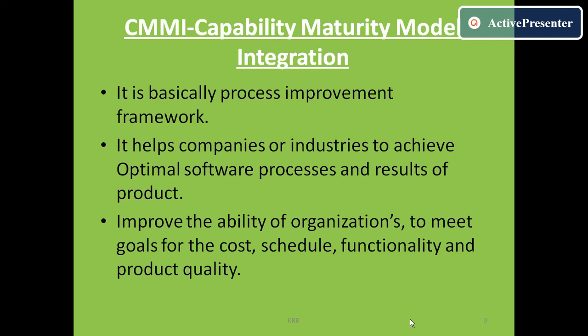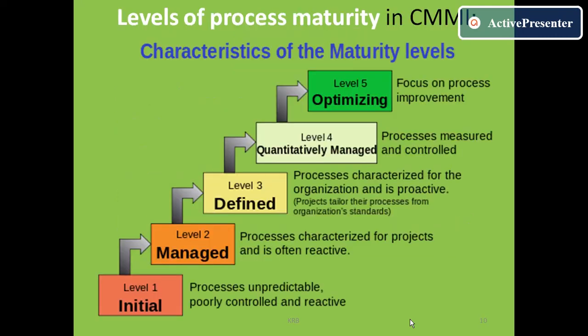So each under-developing or developed organization takes the help of the CMMI model to achieve the best organization skills. That is, in short, to achieve the best 100% quality product. So let's see the steps of the CMMI model.